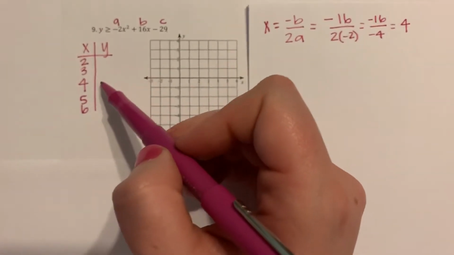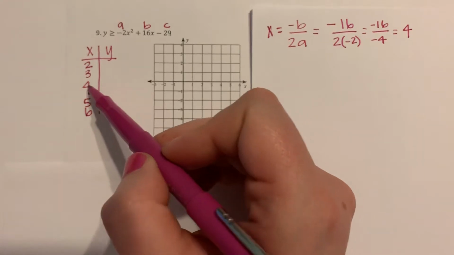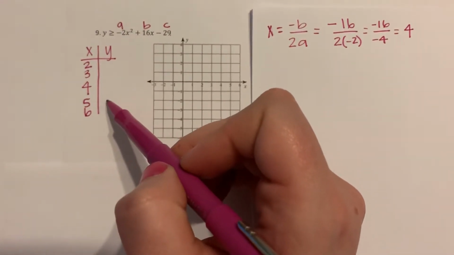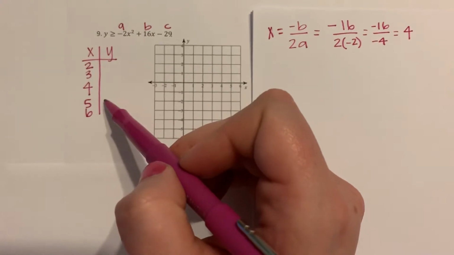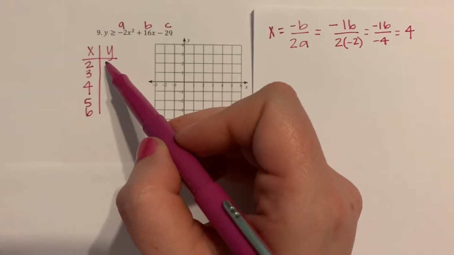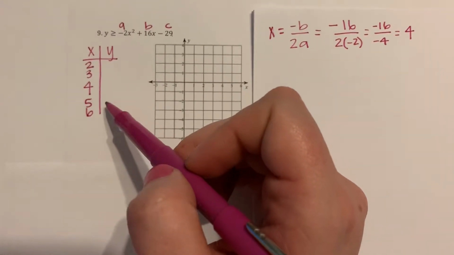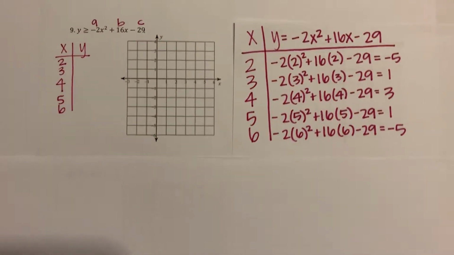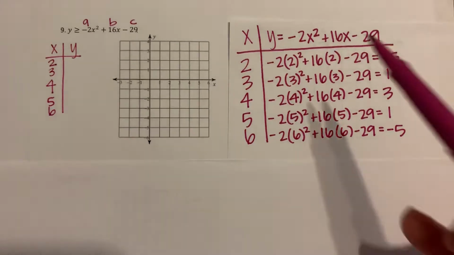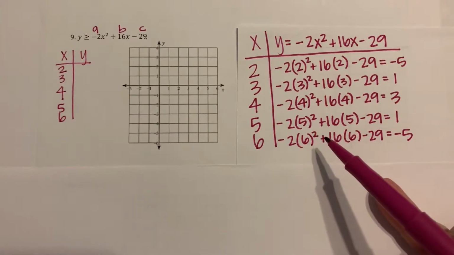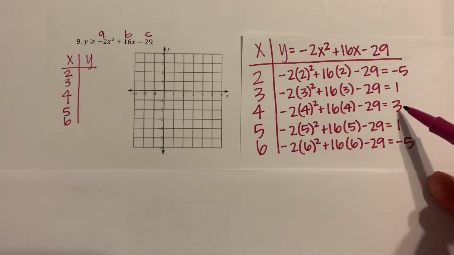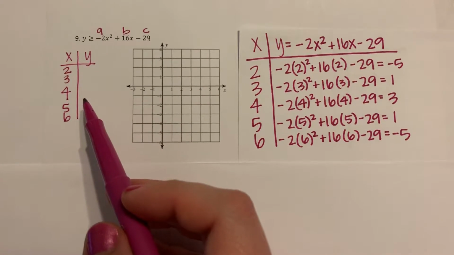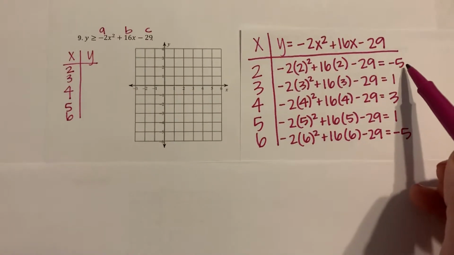Okay, remember that whatever number you get here, that's your vertex. These two numbers that you get for the ones 1 away on either side should be equal, and 2 away on either side should be equal. Okay, now I've already plugged these in, and you can see the work here if you need to see that, but I'm just going to go ahead and copy these numbers over here so that I can show you how to actually graph it.